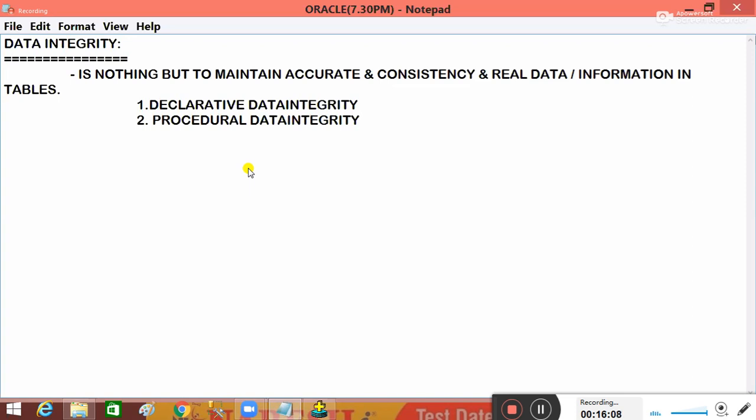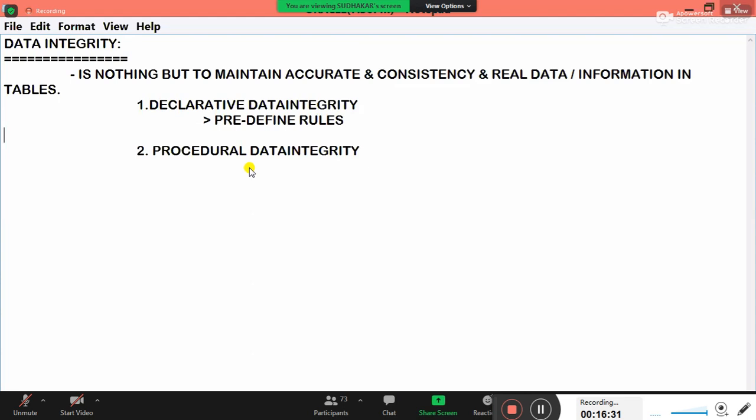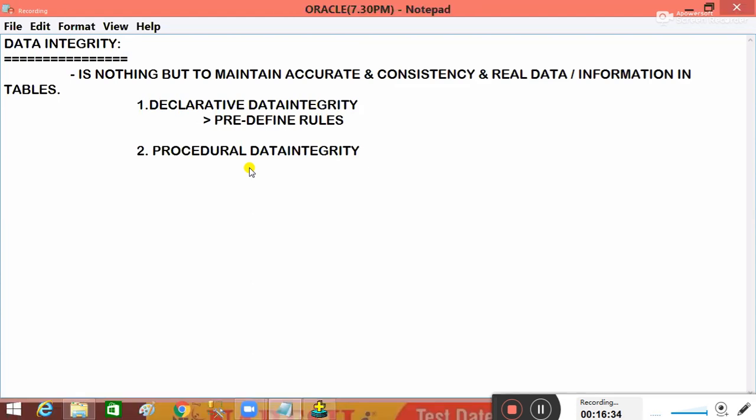Okay, now, what is the difference between them? Observe here. Declarative integrity rules are predefined rules. That means we already have some keys here. We use those keys on my table columns to restrict duplicates, nulls, and invalid data. Since they are predefined, I'm not doing anything.